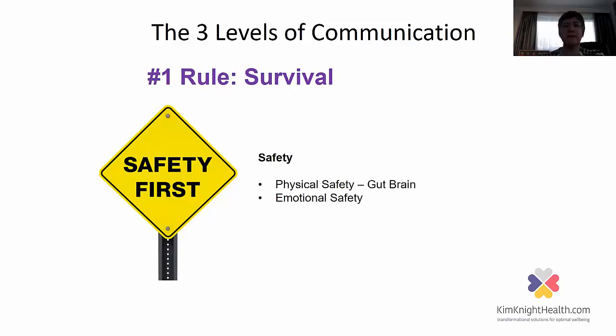The gut brain has to keep us safe. And it also has to keep us emotionally safe. So it's not just physical safety that it's looking out for, it's emotional safety. And as I mentioned before, the response in the body in terms of going into stress and the emotions and the illness, it's the same response if it's physical safety or emotional safety. It's all the same as far as the body is concerned.